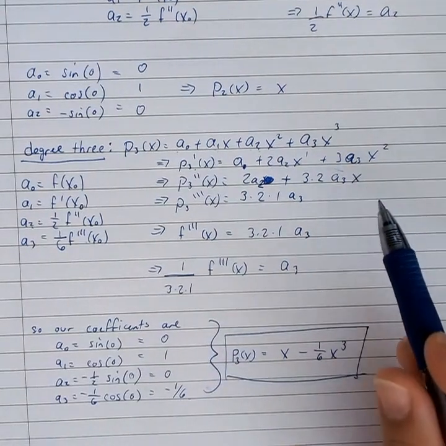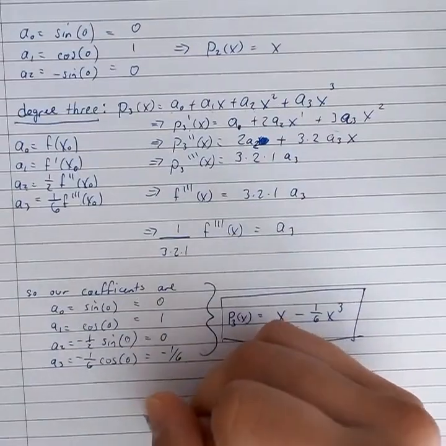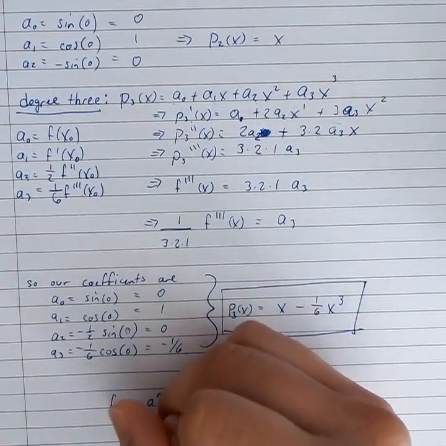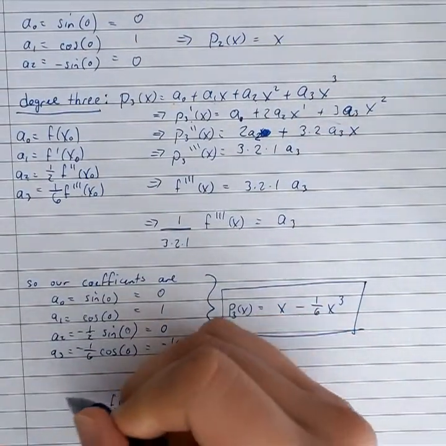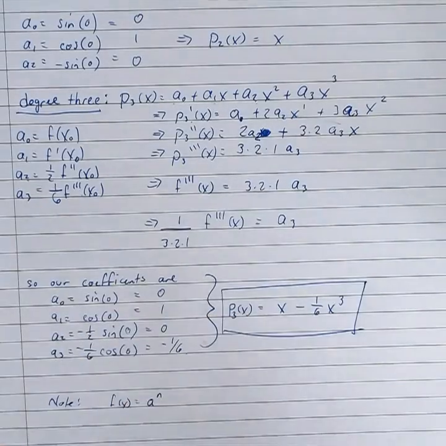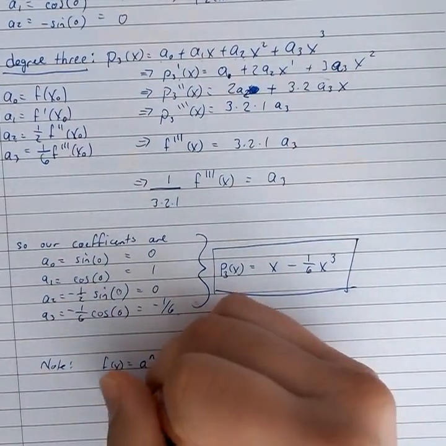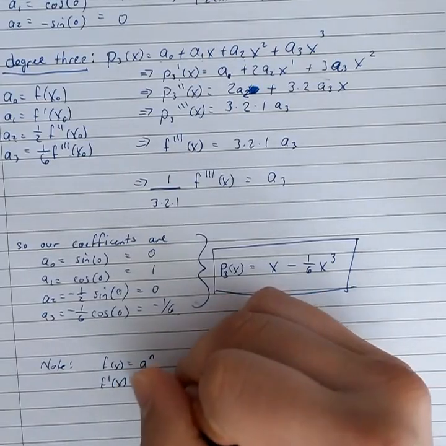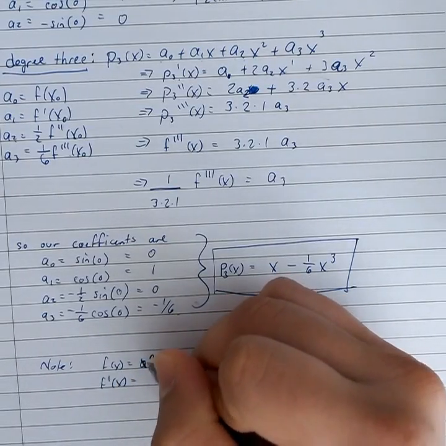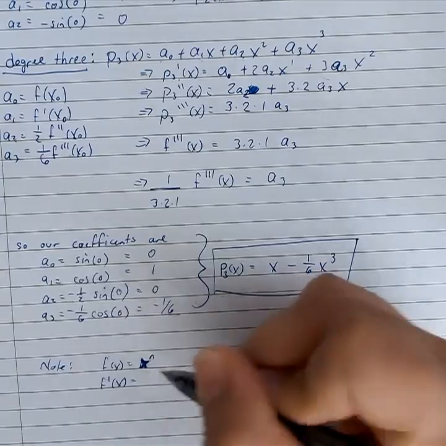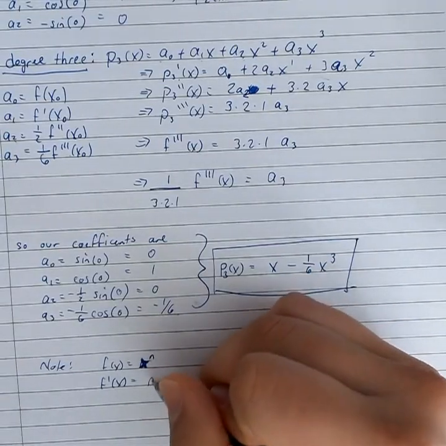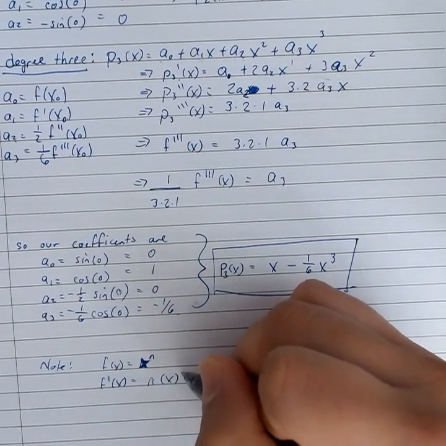Notice, if I start off with something that looks like x to the power n, let's say that's my function. If I take a derivative, I use the power rule. That's going to be n. Take the n, bring it down, subtract 1 from the power.